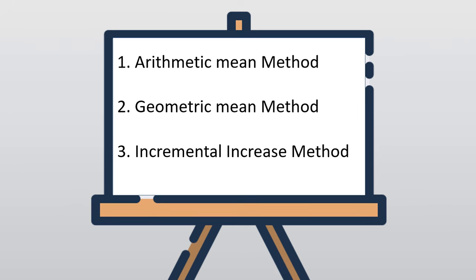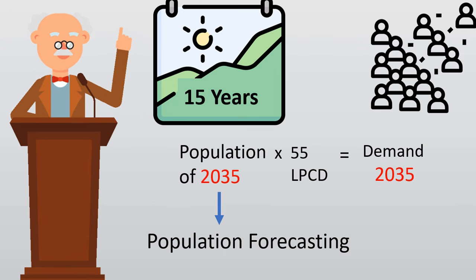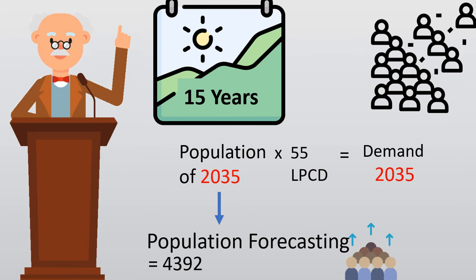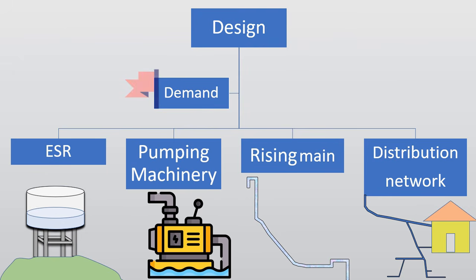By giving inputs like previous year census population, we will get forecasted population by each method. After that, we will take average of these populations. That's how we will get our final forecasted population. After solving, we will get village population equal to 4,392. So we will get our demand also 2,41,560 liters.